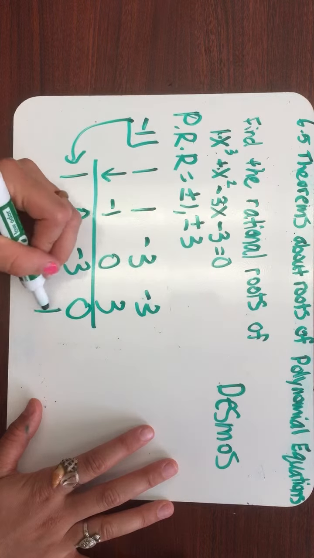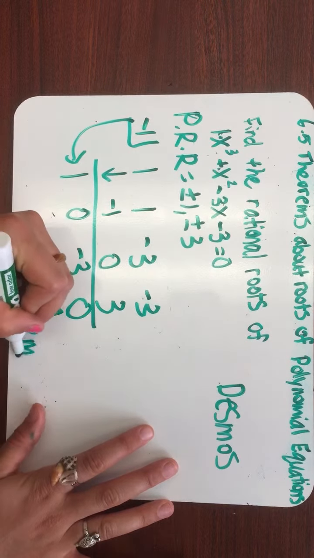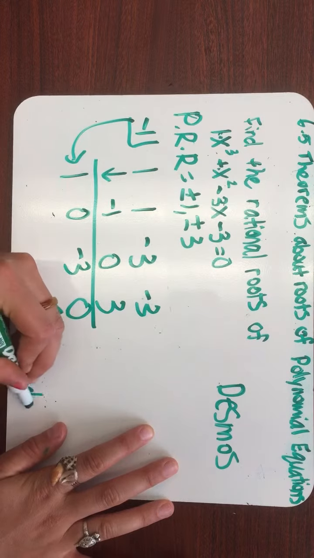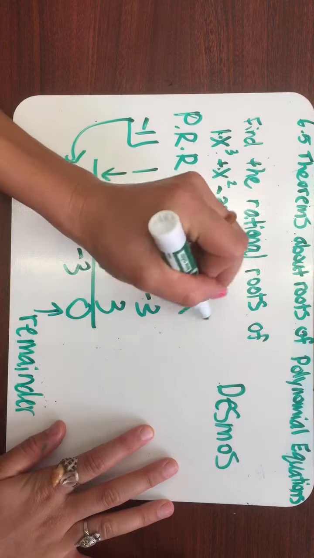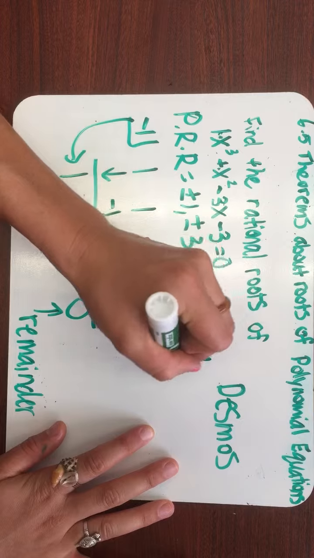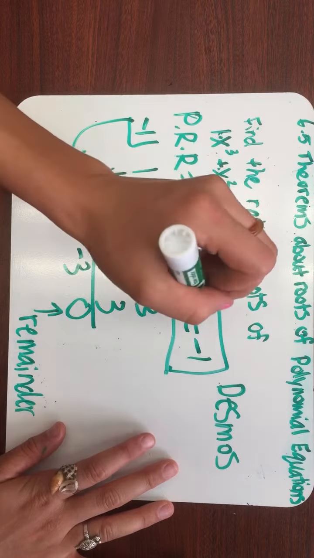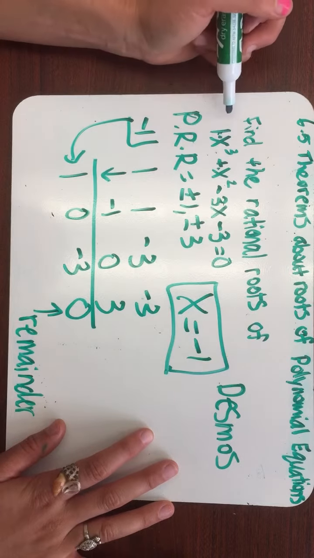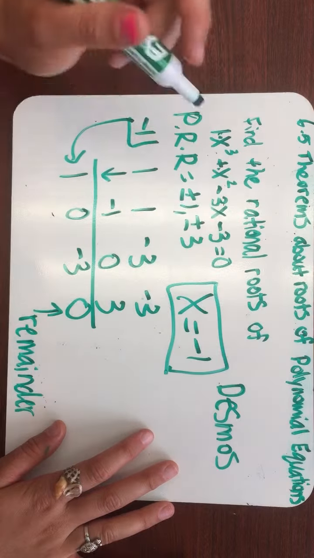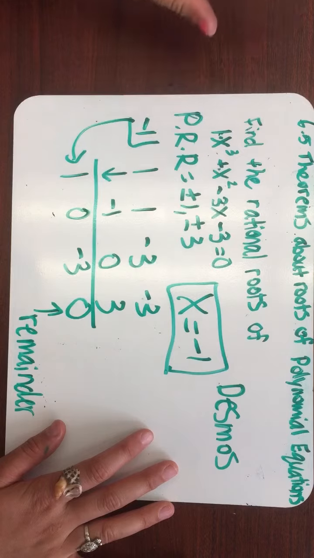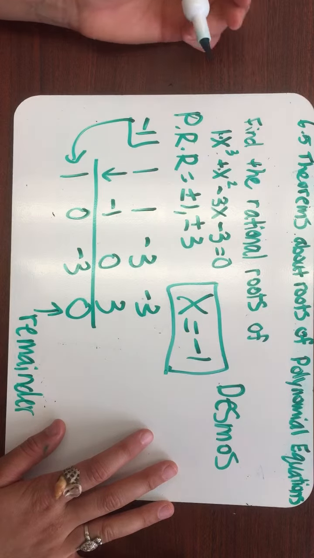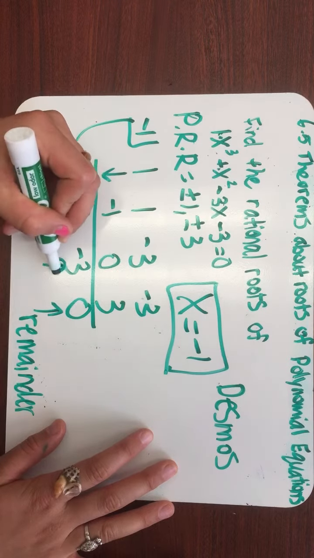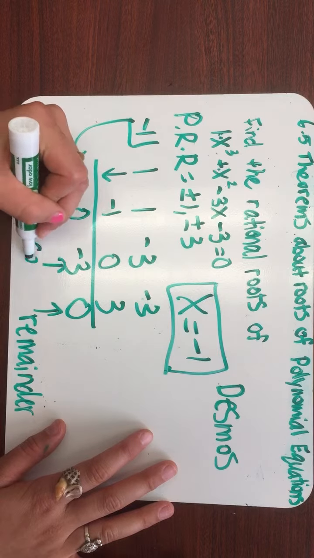And since we got a remainder of 0, that means that x equals -1 is our rational root for this cubic polynomial of 4 terms. If we wanted to go further and find all of the roots here, we would be able to do that. This number here is giving us the constant term.